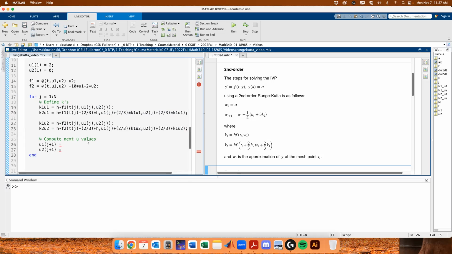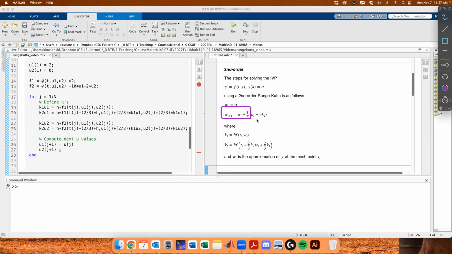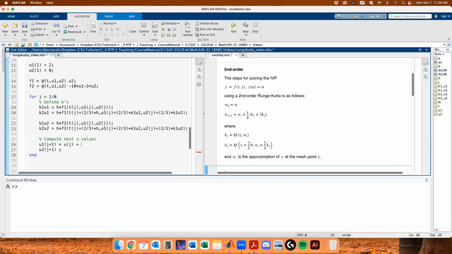So the next step is going to be the previous step. At this point, I'm implementing this part of the code. U1 of j plus 1 is u at j plus 1/4 times k1 plus 3 times k2, where the k1 and the k2 correspond to the u1 equation. So this is plus 1/4 times k1 u1 plus 3 times k2 u1.